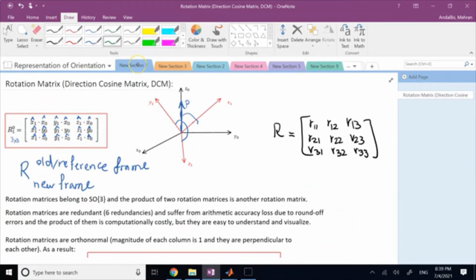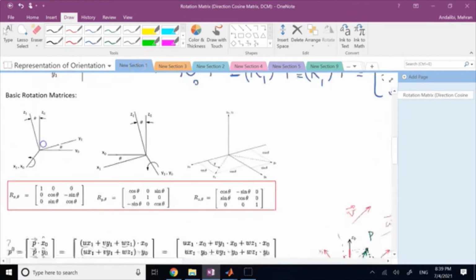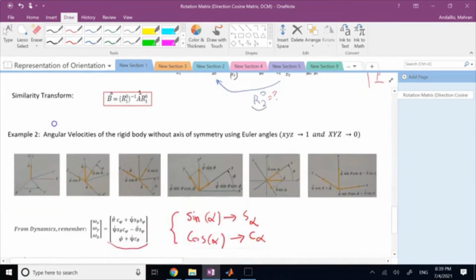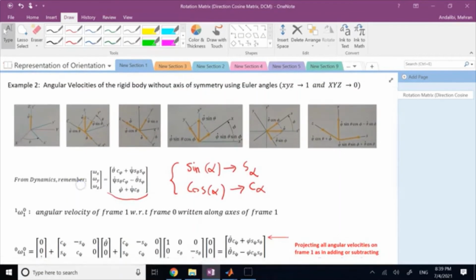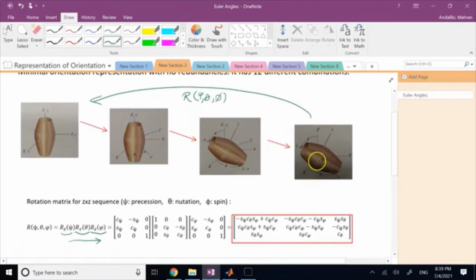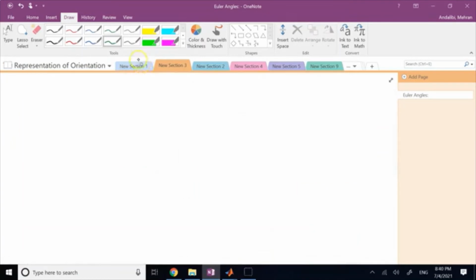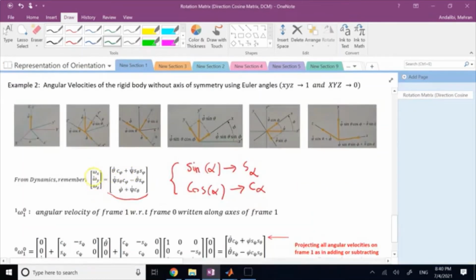Now let's go back here. What is the question? The question is this. I want you to tell me what is the angular velocity of this object that is rotating with all three: theta dot, phi dot, and psi dot. What is the angular velocity of this object with respect to what?